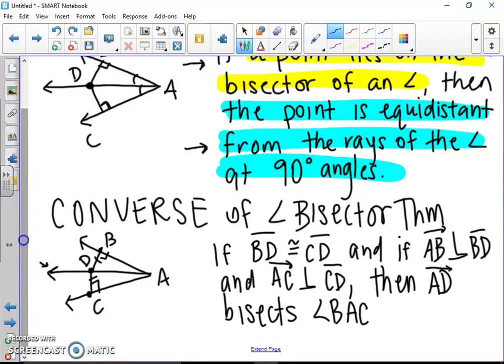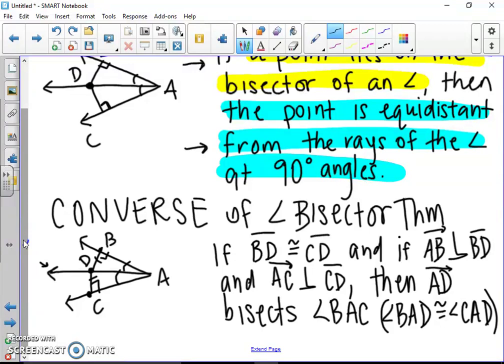Angle BAC. So that's splitting these in half, so that means that angle BAD, excuse me, is going to be congruent to that other half, angle CAD.